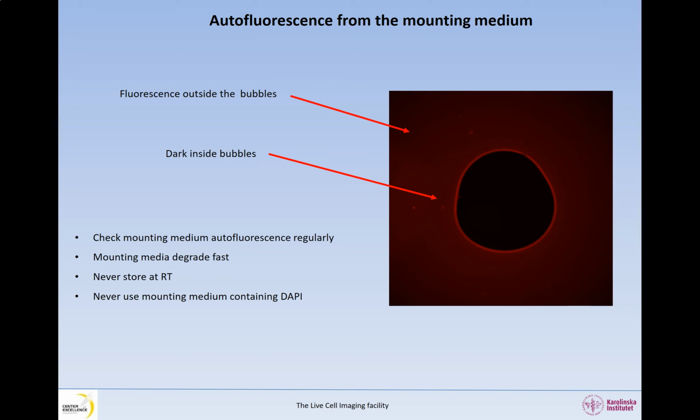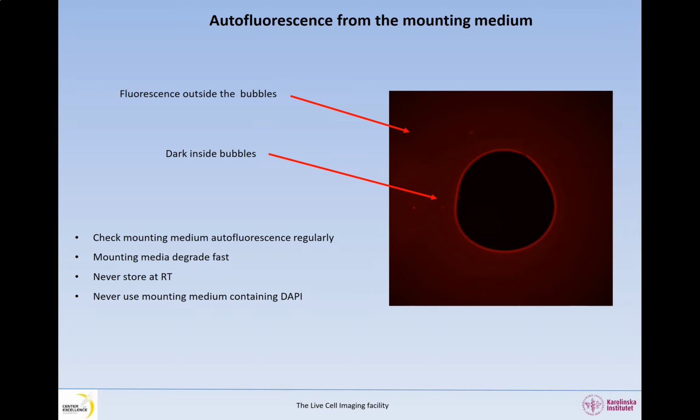Focus on the edge of one of the bubbles. Take images in all channels with your usual settings. Then increase the brightness and the contrast in the image. If you see the bubble as a dark spot in the fluorescent image, your medium is fluorescent in that channel.